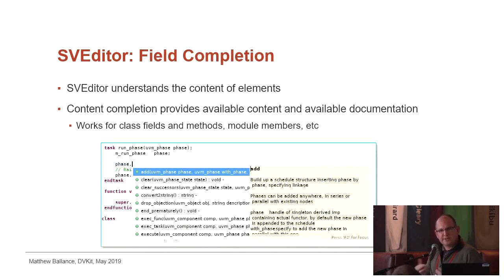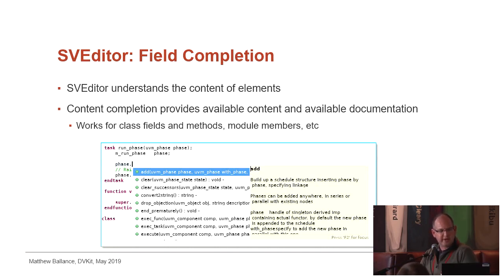Because the tool is parsing the source code, it also, of course, understands what's inside elements. So this is UVM code where, because we've parsed the full SystemVerilog library, the tool understands the fields and the methods that are inside this phase variable. It knows the type, it knows what's in there, and so it can prompt me as I type dot, what are the valid completions here?